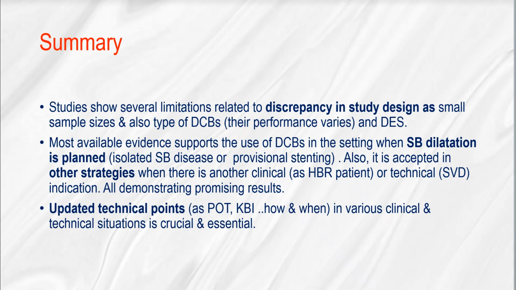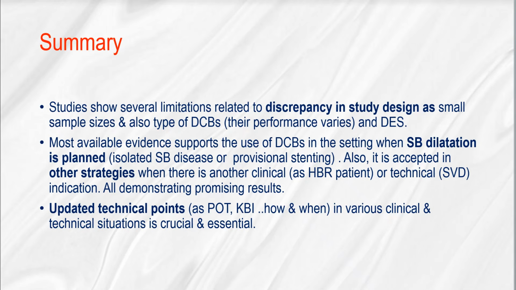In summary, studies show several limitations related to discrepancy in study design, such as small sample sizes and types of drug-coated balloons and DES. Most available evidence supports the use of drug-coated balloons in the setting when side branch dilatation is planned, as in cases of isolated side branch disease or provisional stenting.